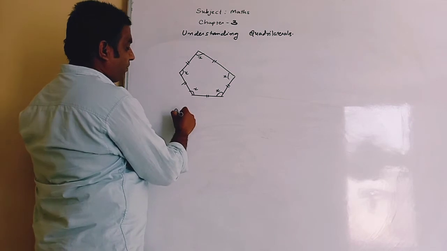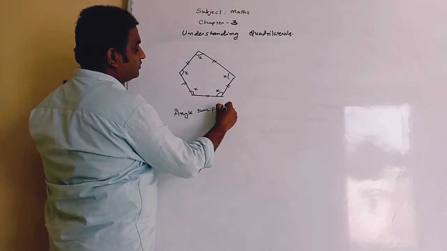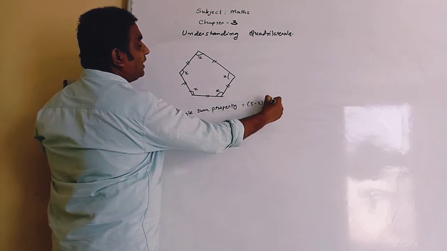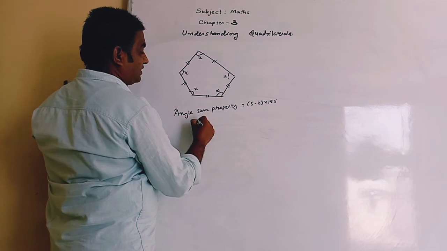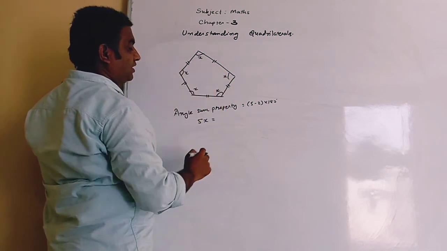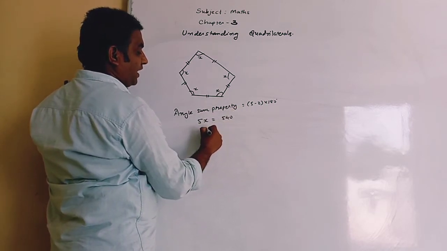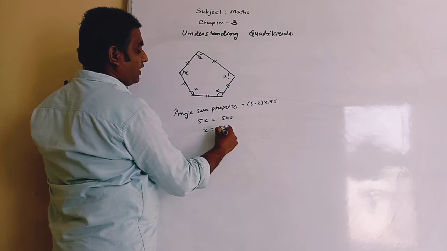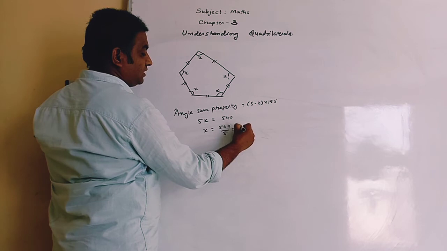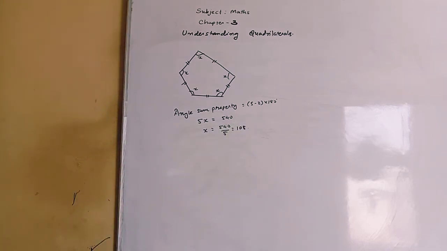And so the angle sum property for a pentagon is (5 minus 2) into 180, and so 5 times x equals 3 into 180, which is 540, and so x equals 540 divided by 5, which is 108. So the answer is 108.